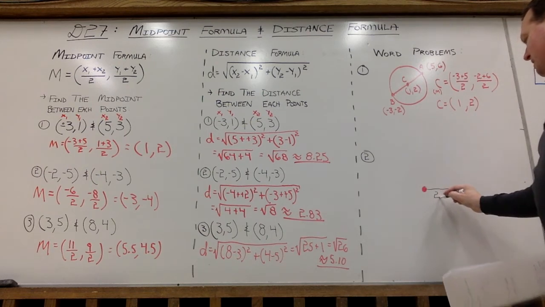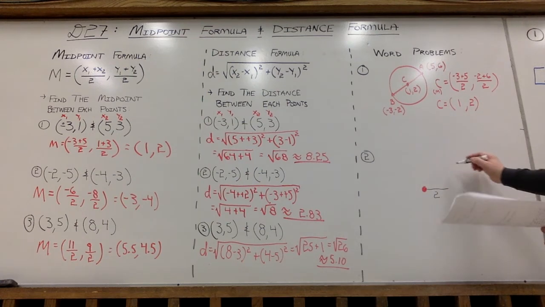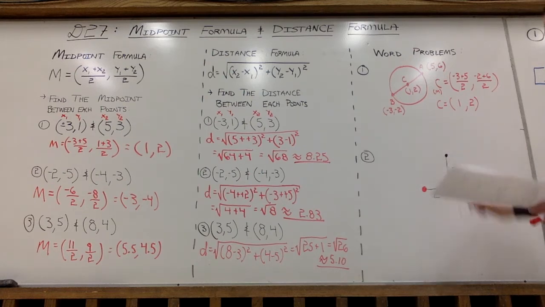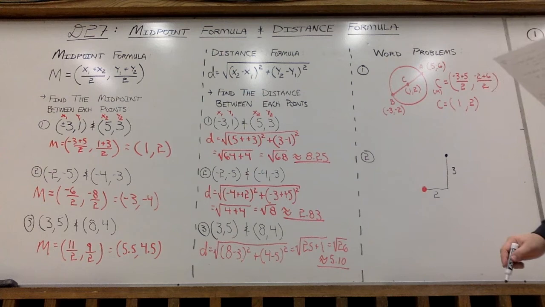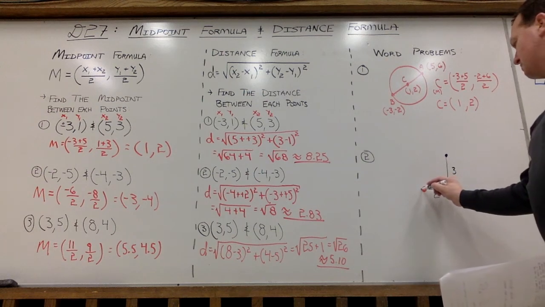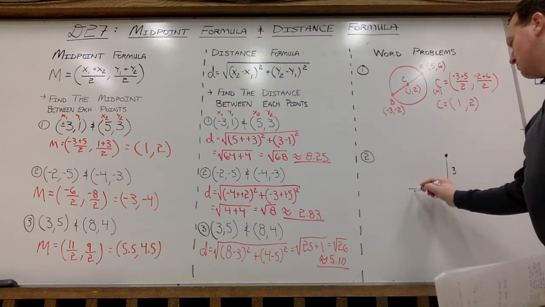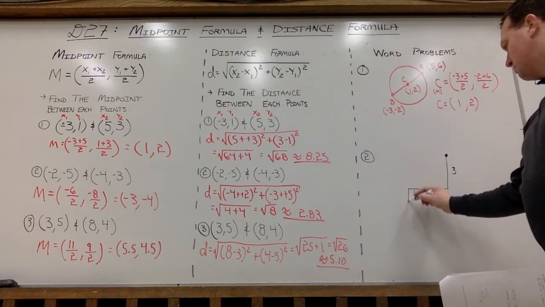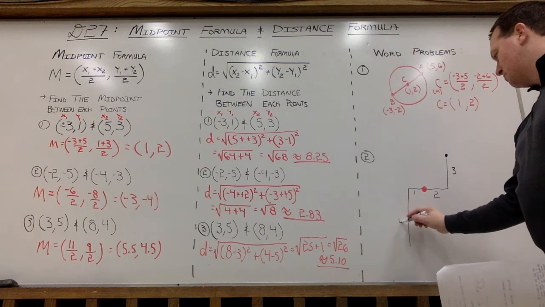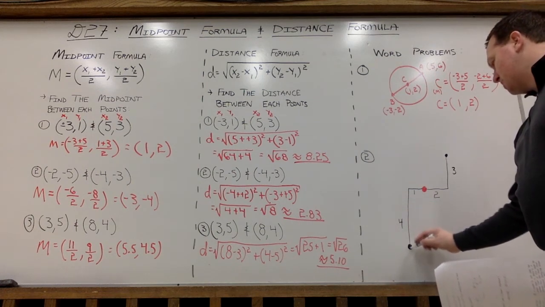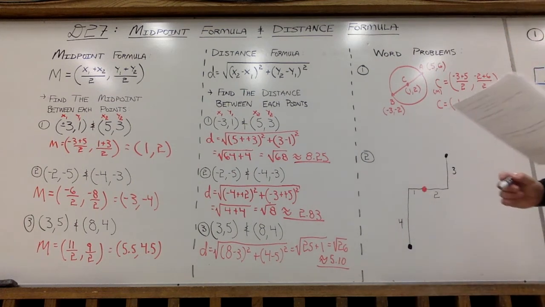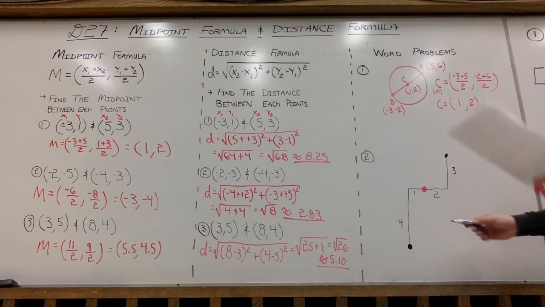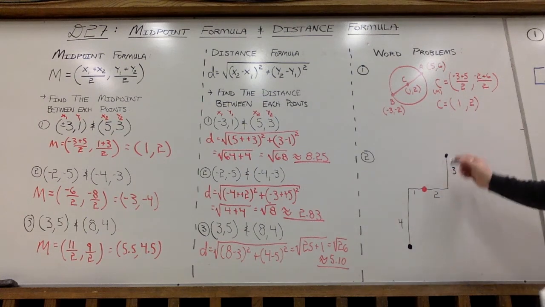So there's 2 miles east and 3 miles north. And then the other station is 1 mile west and 4 miles south. So here are the 2 stations. And we want to know how far apart are the 2 fire stations, the straight line distance.